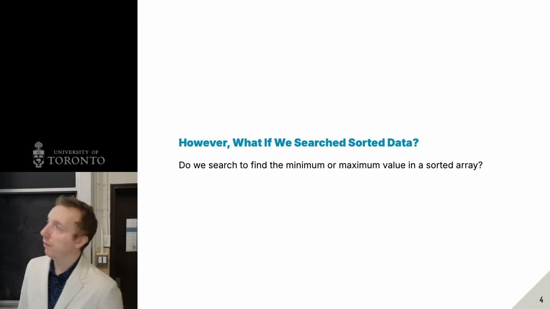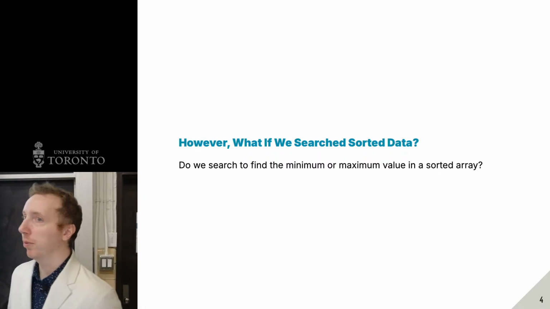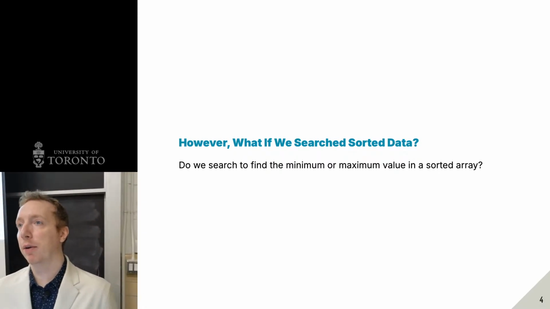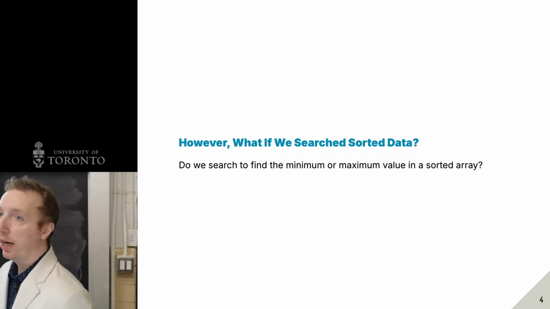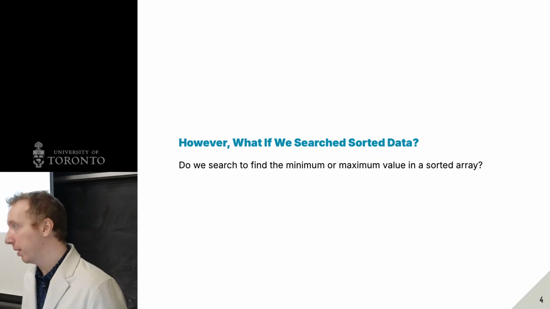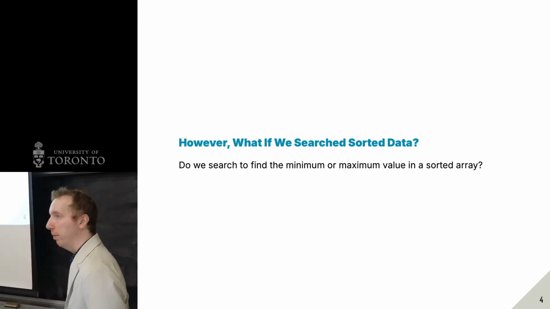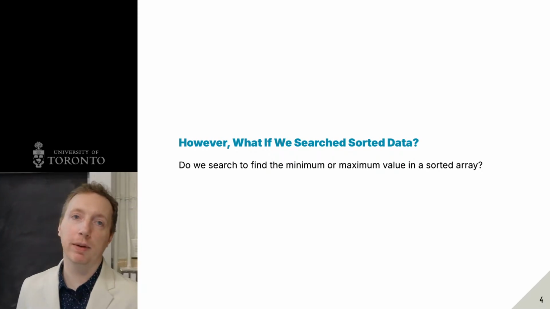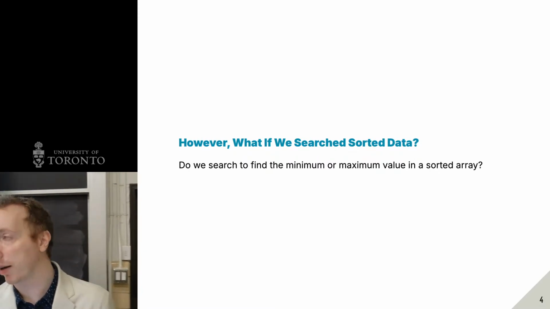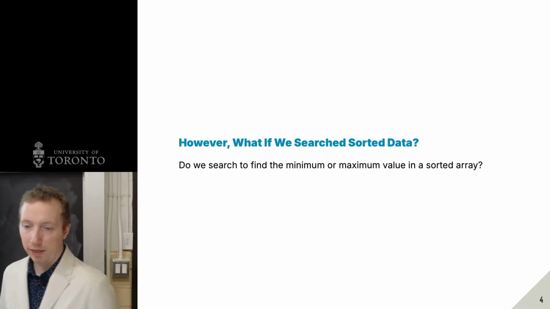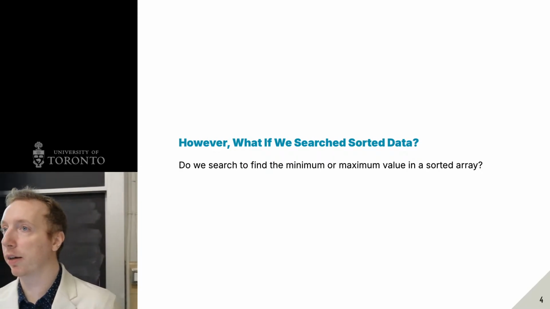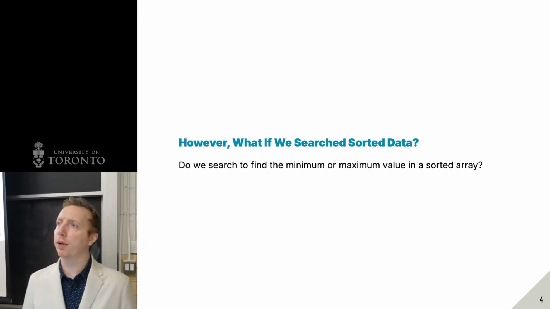If we want to search sorted data, things are a bit easier for us. If we want to find the minimum or maximum value in an array, we'd have to go through every individual element and check: is this value less than what I've seen before? Okay, then it's the minimum. Or for a maximum, is this value greater than the max I saw before? Okay, now this is the maximum. But things are easier in a sorted array.